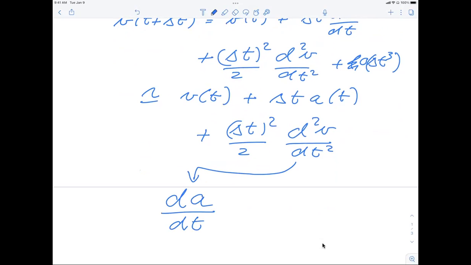Now, we have the forces, and unless the force depends on time, we don't know how to evaluate this quantity. So when we have the gravitational force, for instance, this depends on the position, and the position depends on time. So this becomes complicated.